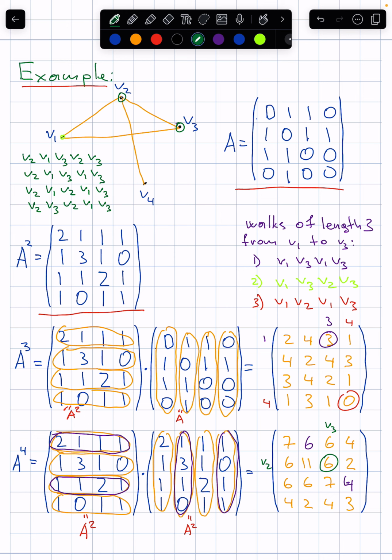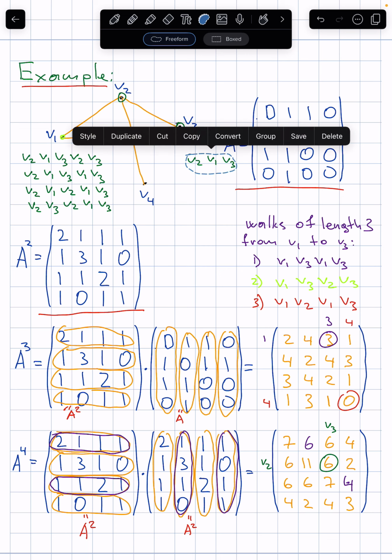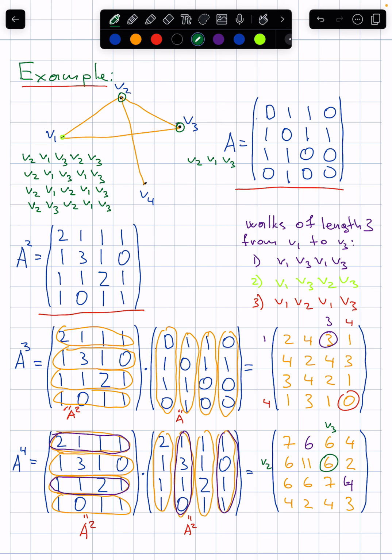Or finally, we could have done V2, V4, V2. So there are 3 edges at V2, and we could have used any of those to do this kind of back and forth thing. So that's 5. There should be one more. Let's try to find it.